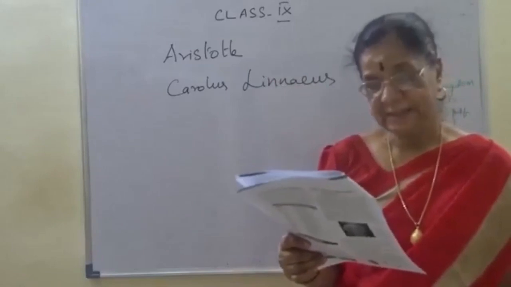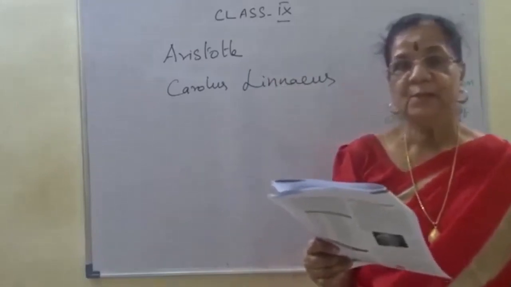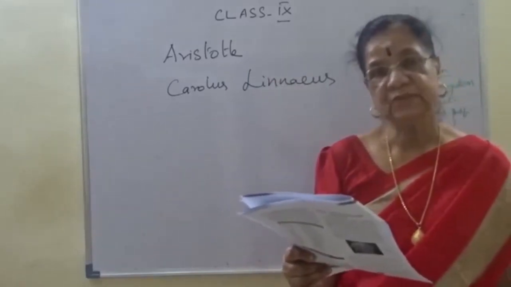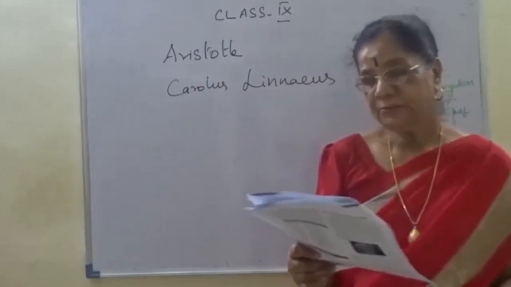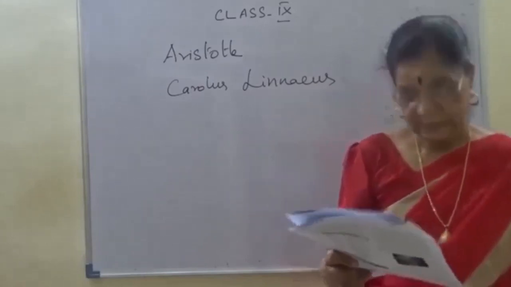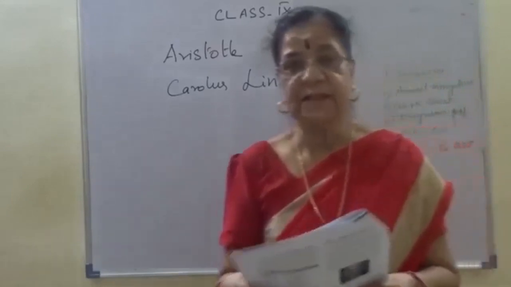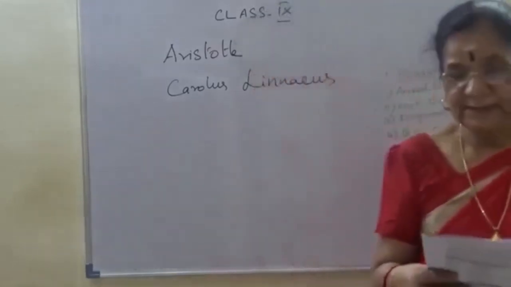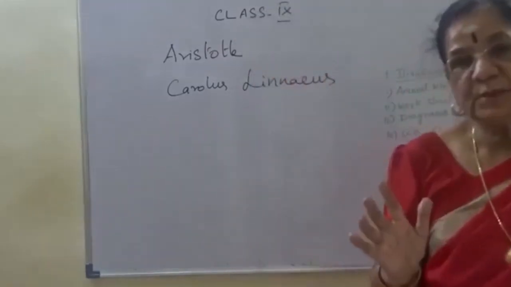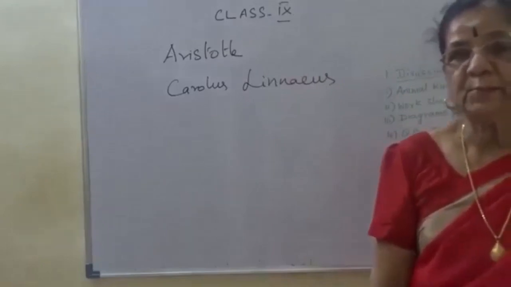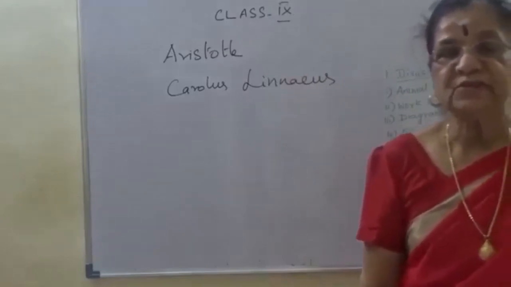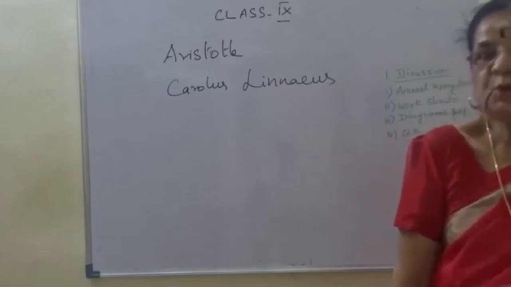Then setae and parapodia are the locomotory organs. This you should know. Then about the phylum Arthropoda, it is animals with jointed legs.